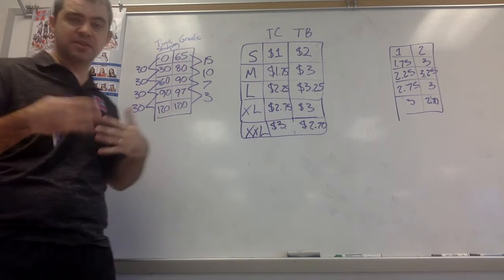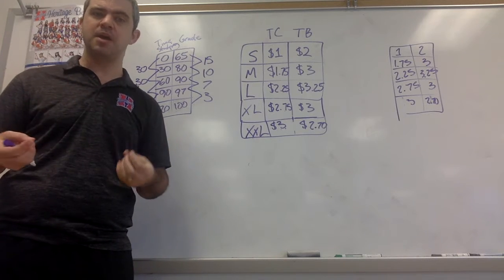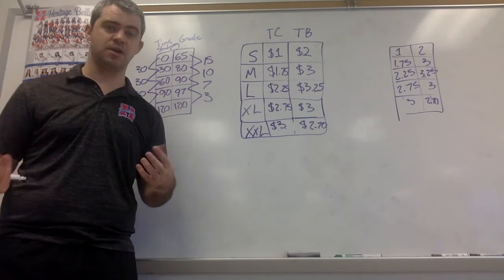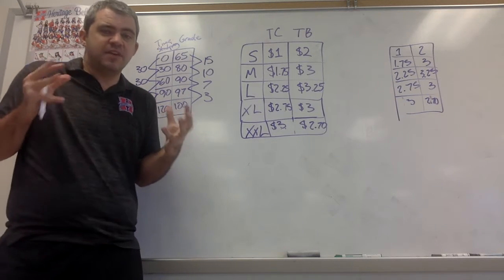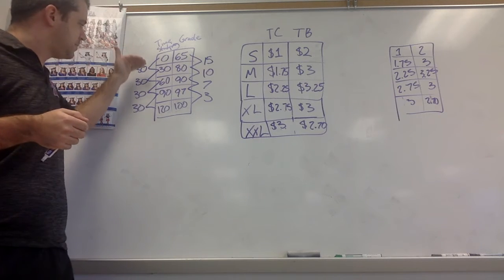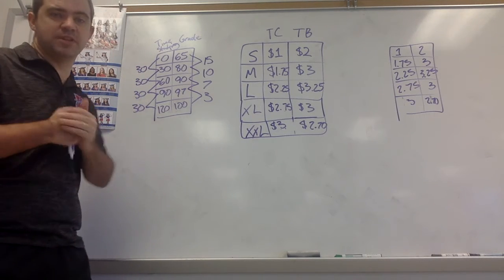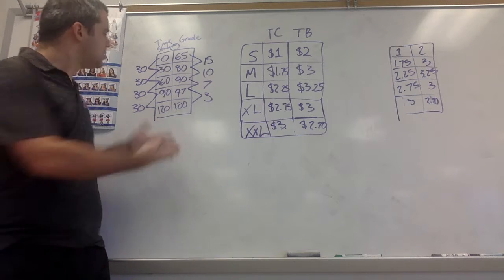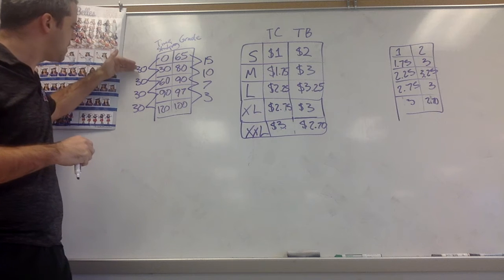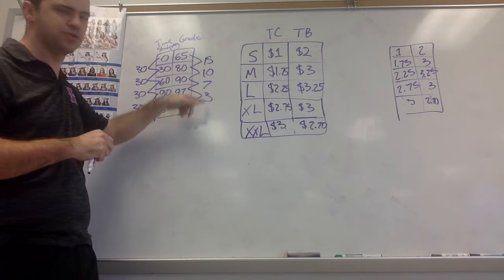So even though it looks like the marginal cost here is staying the same, the opportunity cost is actually getting larger and larger and larger because you're going to start giving up more and more precious time as you're having to spend more time studying. Okay, so no correct answer here, but you need to understand that this is your marginal cost and your marginal benefit.